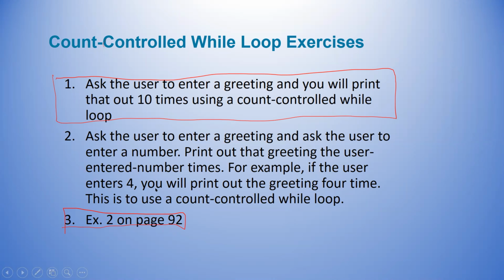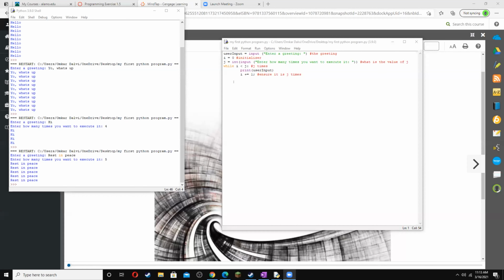If the user enters 4, you will print out the greeting 4 times. This is to use a count controlled loop. So let's look at Omcar's one more time. This is actually for the second exercise, right? Omcar, you already finished. And so I initialize it to 0.